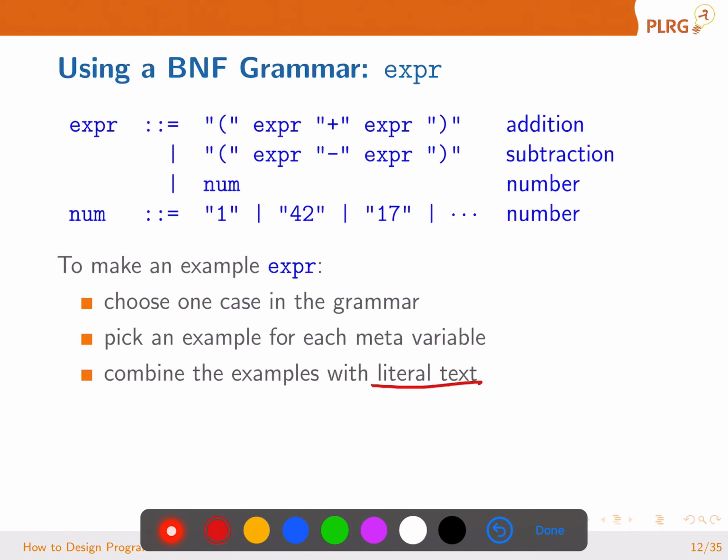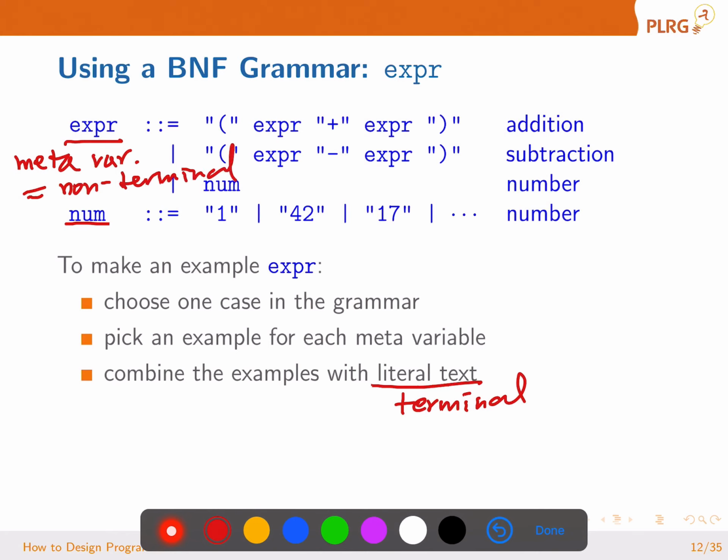Literal text meaning terminal. Right? And what I just said before, expr and num, they are meta variables, right? And they are also called non-terminals. Then, what does that mean? To make an example expression, choose one case in the grammar, pick an example for each meta variable, combine the examples with literal text. Let's see what that means using examples.